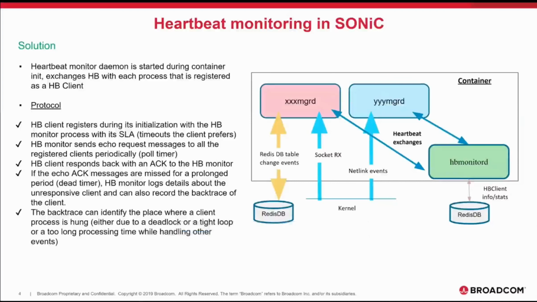If the task goes into a tight loop while handling events from different interfaces, it can miss sending consecutive heartbeat ACKs, and the heartbeat monitor either logs it or reports the backtrace. All this information, the heartbeat dumps into the state DB for all the clients in the system.